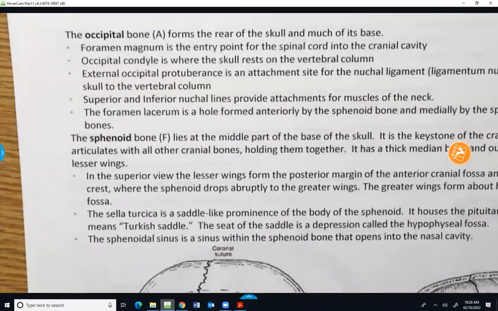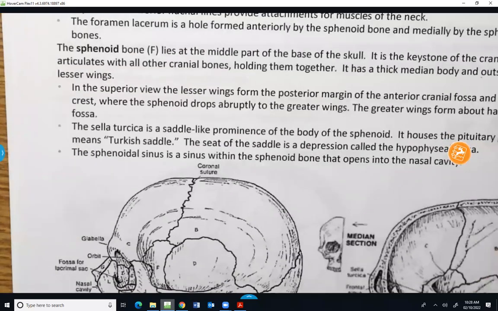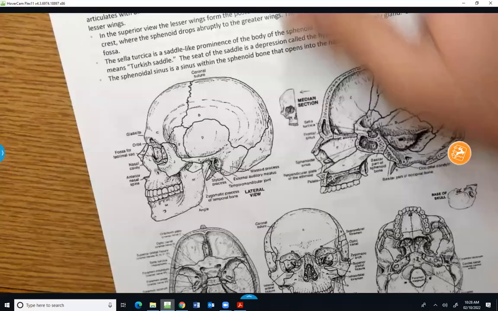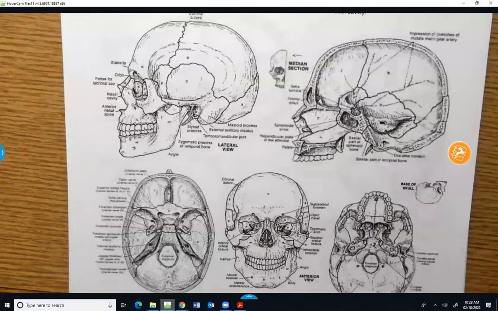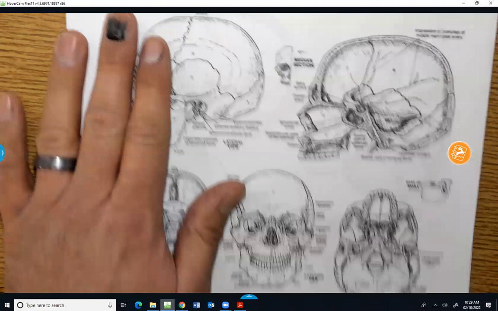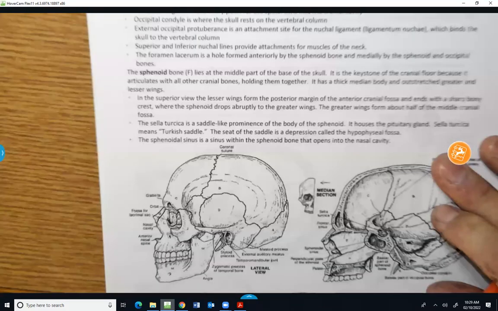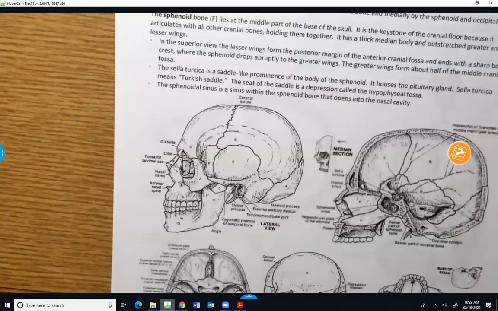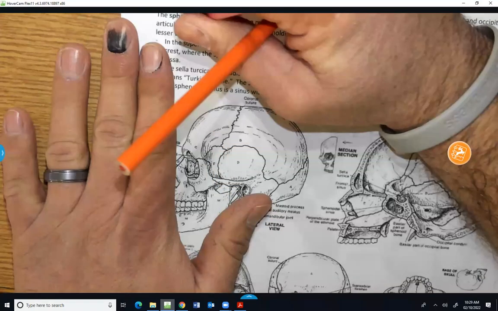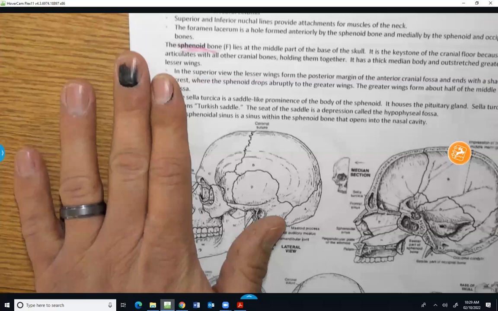And then the sphenoid bone, which is one of the wildest bones in my opinion. Color coding things, we haven't used orange, so let's do that. That's a nice color for occipital. And how about pink for the sphenoid? That'll stand out, show up real nicely.